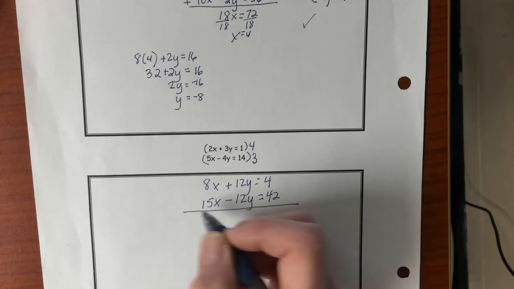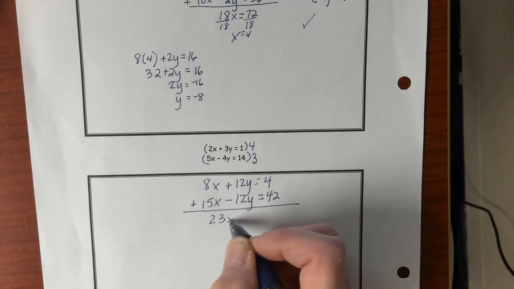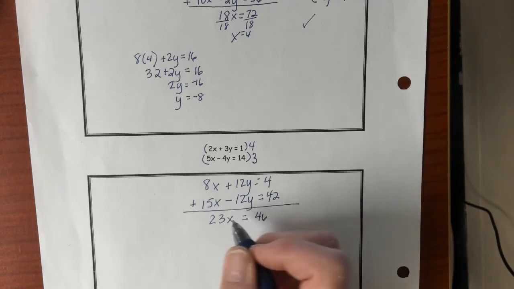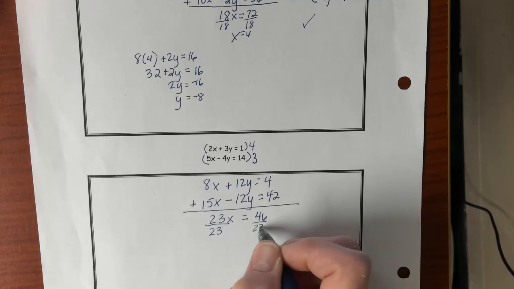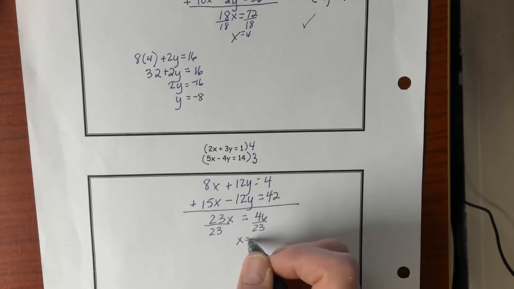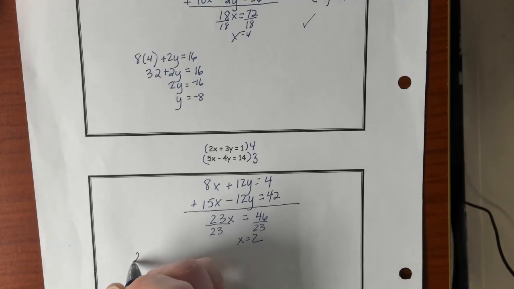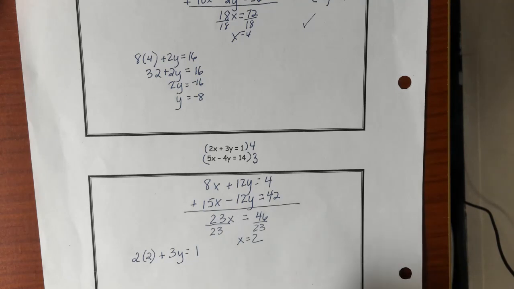Now I'm ready to add down, and I get 23x equals 46. Divide both sides by 23, and I get x equals 2. Now I substitute in x is 2, and in theory, you can substitute it into both to make sure you get the same y value.